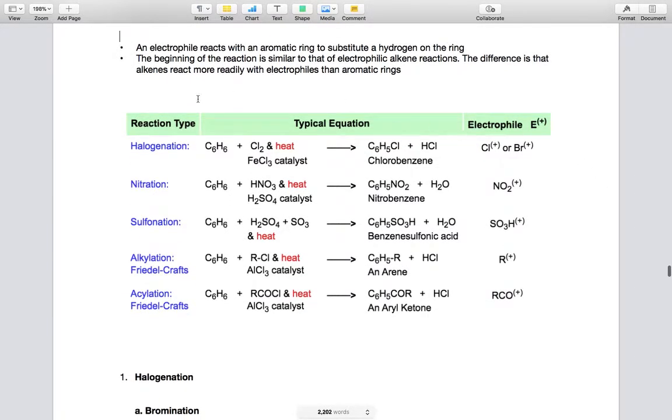As I have told you, you have to familiarize the different reactions here with their catalysts, products, and electrophiles. So we have halogenation, nitration, sulfonation, and for the Friedel-Crafts, we have alkylation and acylation.